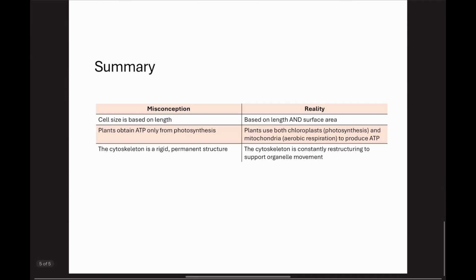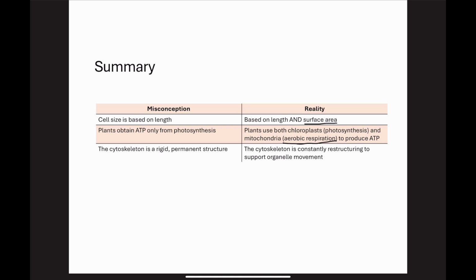So to summarize, when we think about cell size, it's not only length, it's length and surface area. As our cells grow, their volume increases faster than their surface area, which is important because it makes large cells inefficient. And when we're talking about energy in plants, we know that they do get energy from photosynthesis, but they also get it through aerobic respiration, which is done by our mitochondria.